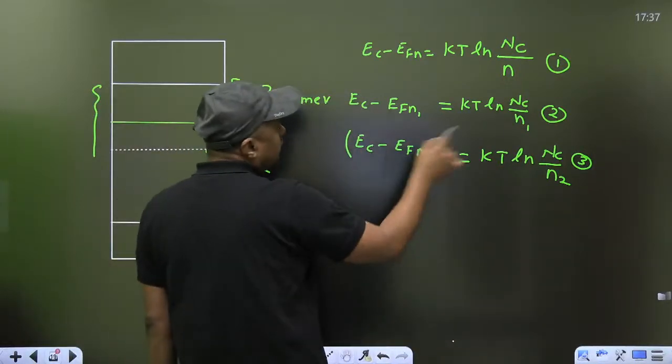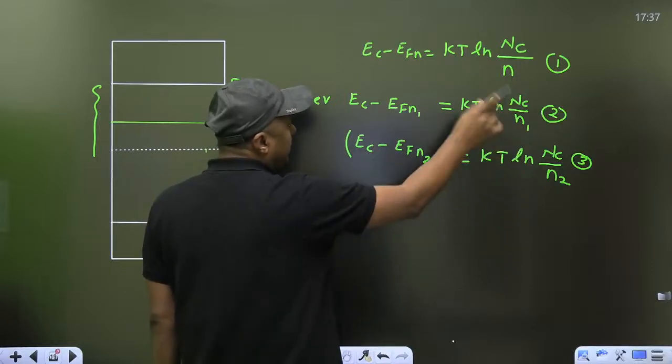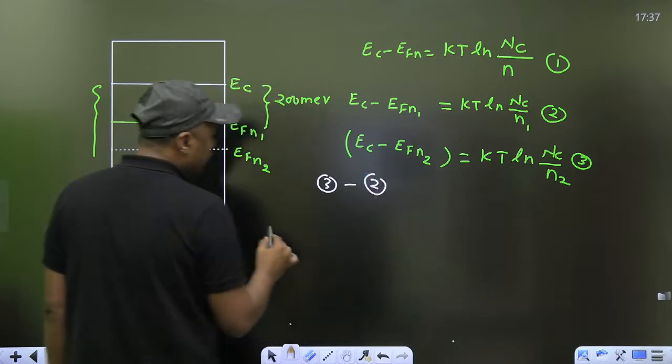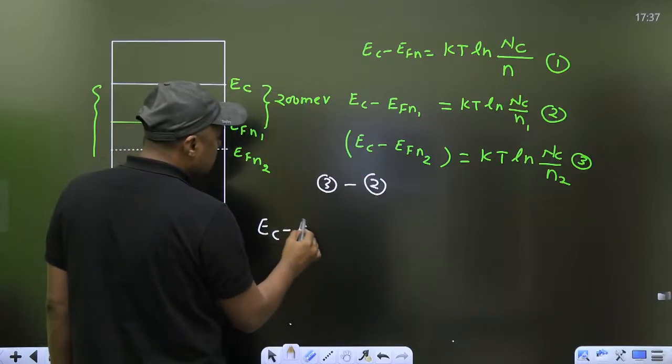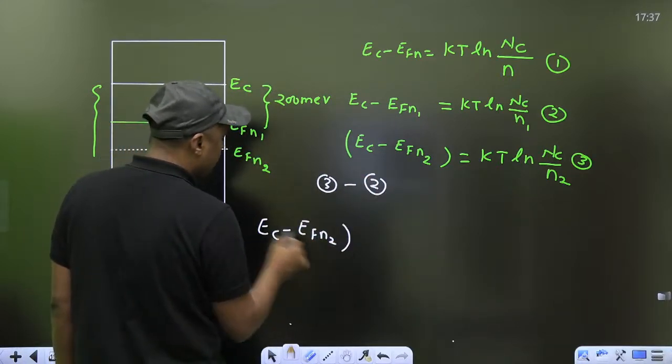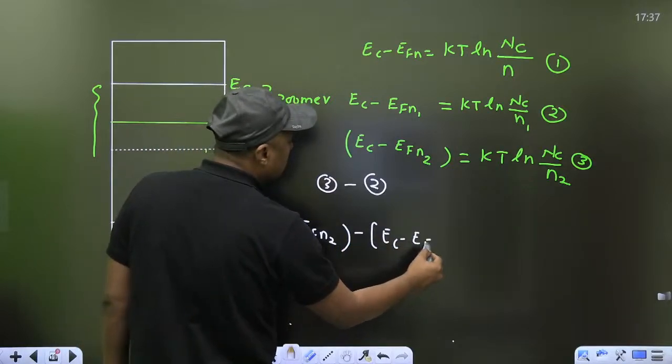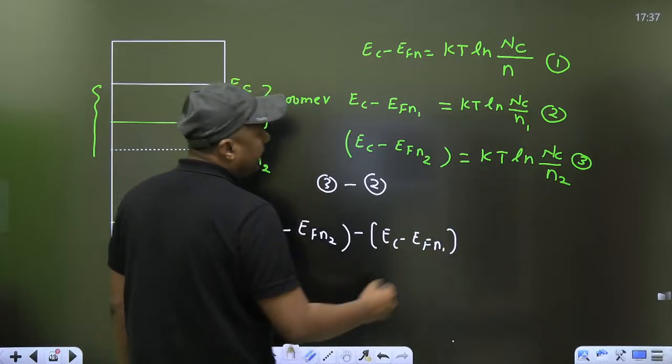Now what we can do? Subtract 3 minus 2. Because this gap is high, you can write EC minus EFN2 minus EC minus EFN1, subtract.